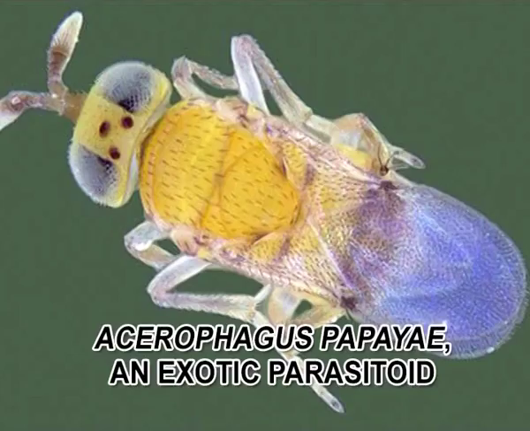When the management practices recommended to control pink mealybug could not control papaya mealybug effectively, an exotic parasitoid, Acerophagus papayae, was imported from Puerto Rico, multiplied and released in mulberry gardens to achieve full control over the pest, which not only saved the sericulture industry but also other horticultural crops such as papaya, vegetable crops, ornamental crops, and other forest tree plantations such as teak.